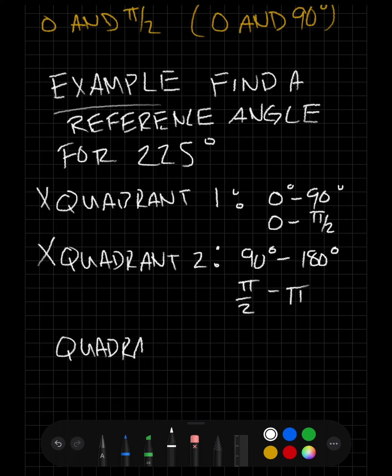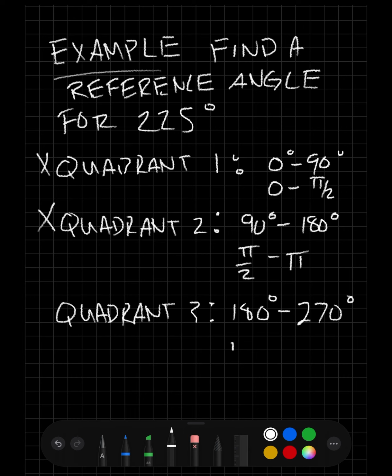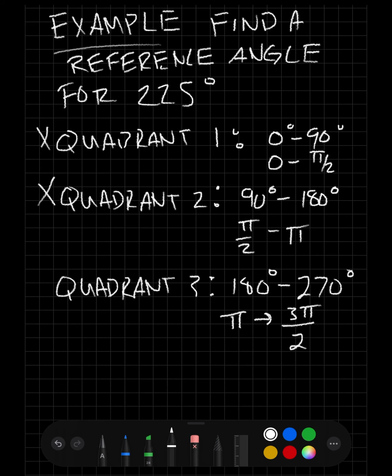Quadrant 3 goes from 180 degrees to 270 degrees, or from pi to 3 pi over 2 radians. And I can see, 225 fits in here. So this is in quadrant 3.